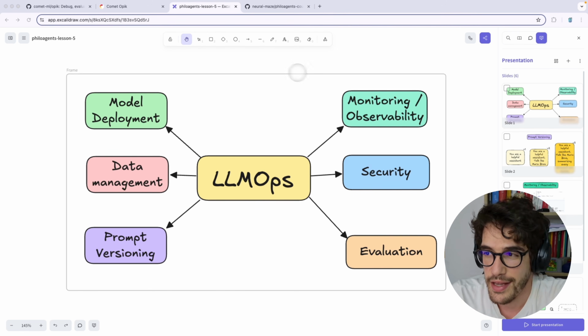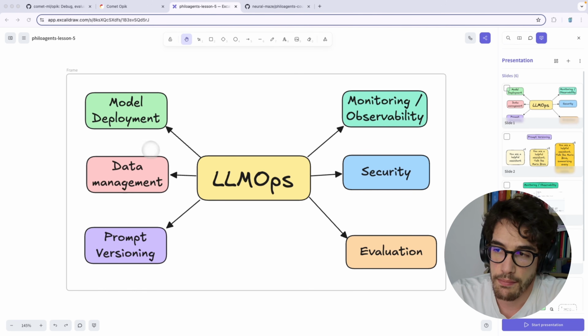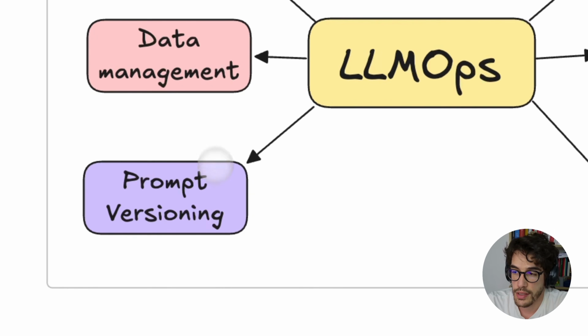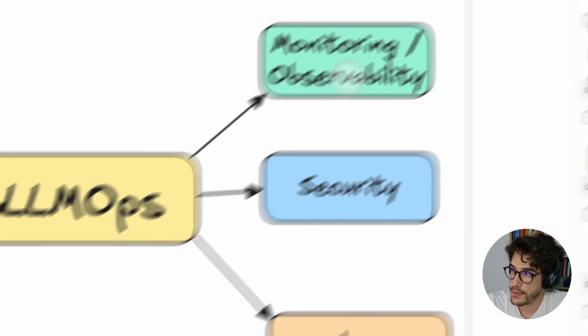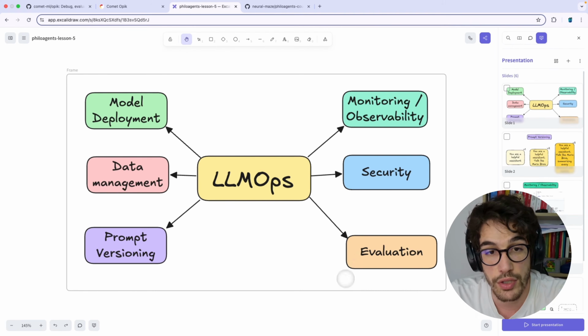That's basically it. And we can break down LLMOps into 6 major components. All right, we have the model deployment, the data management, the prompt versioning, the monitoring and observability, the security, and the evaluation component.